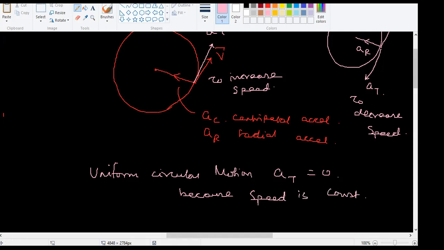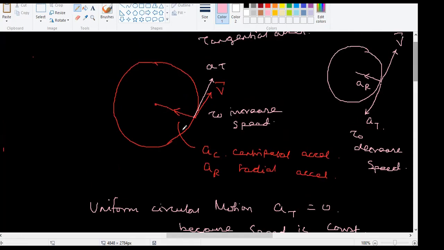Will there be any AC, radial acceleration, or not in uniform circular motion? Uniform circular motion means it is going in a circle. If it is going in a circle, there must be something called centripetal force.